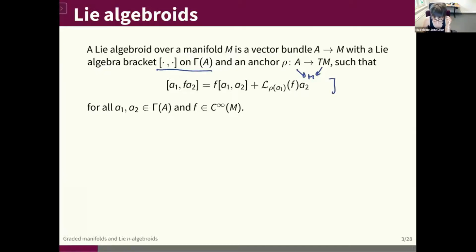That's its Leibniz property. The examples you should think about: if the base manifold is a point, then A is just a vector space, and then you just have a Lie algebra structure.